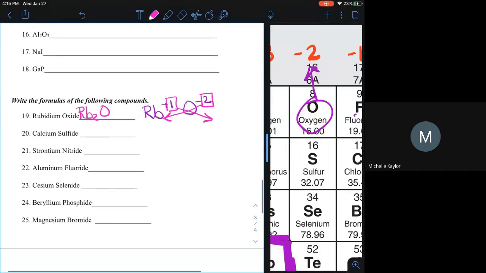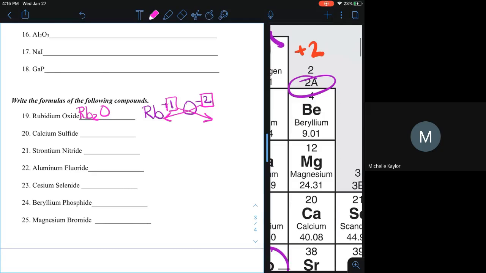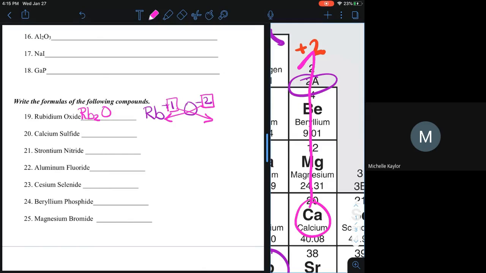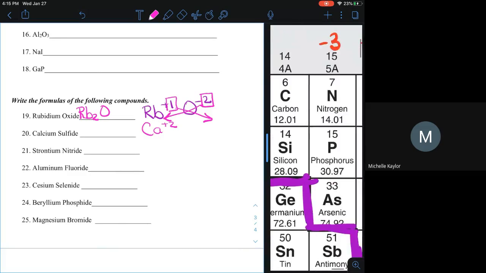There is one exception to the crisscross rule, and that is like number 20. Number 20 is calcium sulfide. So I find calcium. Calcium is on the periodic table number 20. I look up, it has a charge of +2. So I'm going to write Ca +2. Then sulfide, calcium sulfide. Remember, sulfide is actually sulfur.